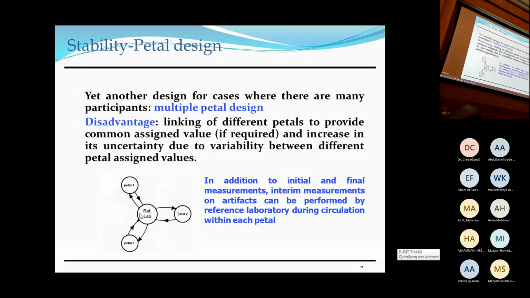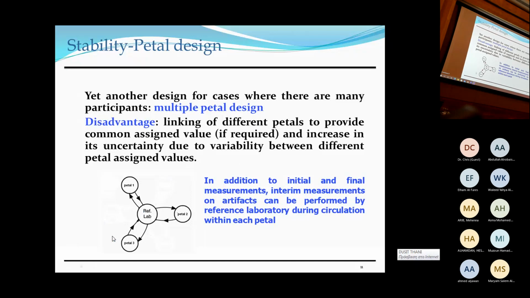So another situation might be where, because of the number of participants, for example, we do a multiple petal design. This happens, for example, in RMO key comparisons, where RMOs are large with a lot of labs in Euromet, for example, or where the geographical distribution of labs is huge, like APMP.